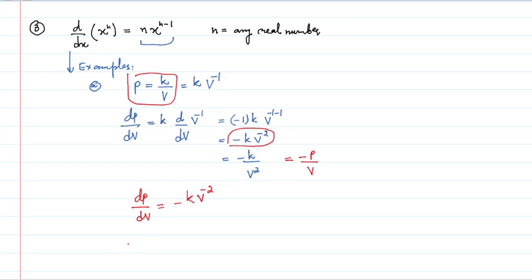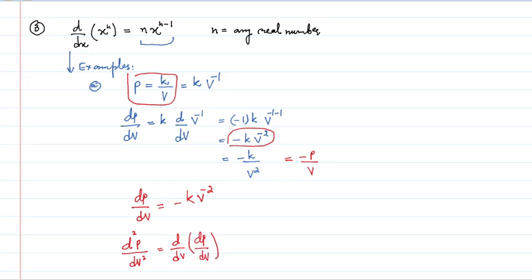The second differential is written in this way, d square p upon dv square. This is basically d upon dv of dp upon dv.